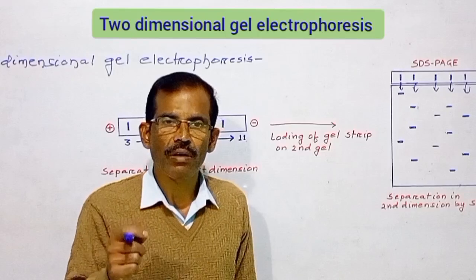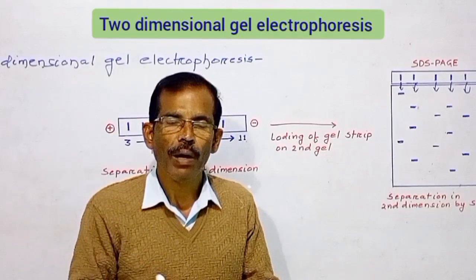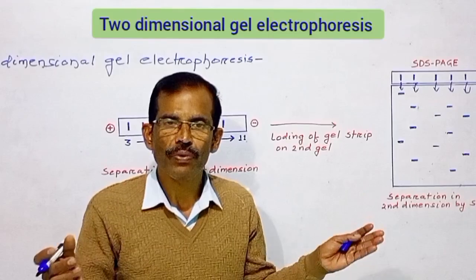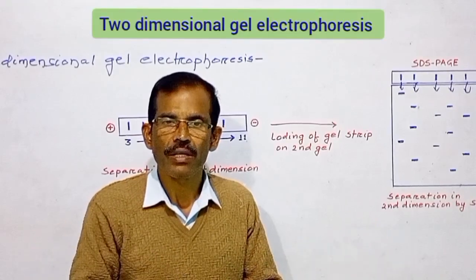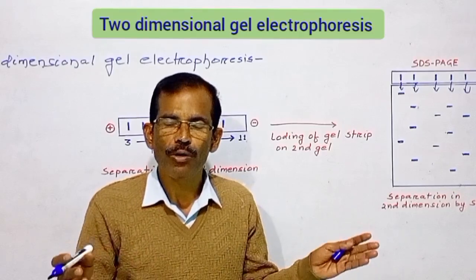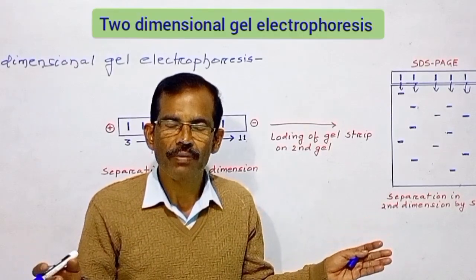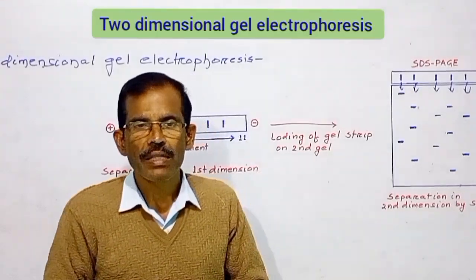Sodium dodecyl sulfate is an anionic detergent. It binds to proteins uniformly and suppresses their intrinsic native charge. As a result, all SDS-bound protein molecules have a similar charge to mass ratio.